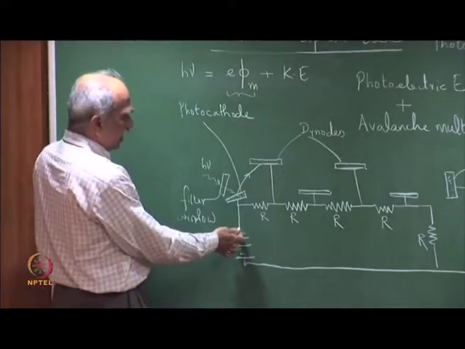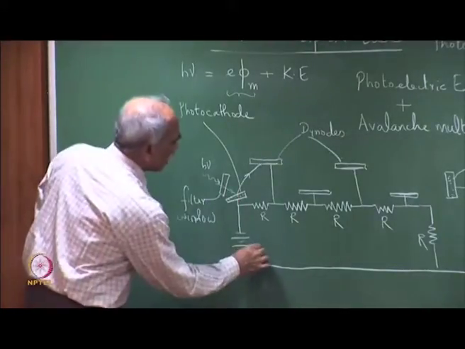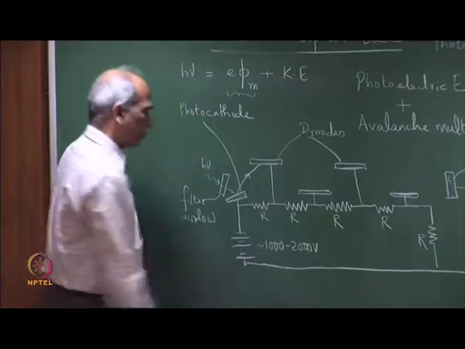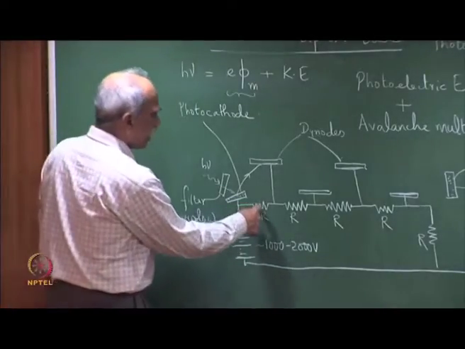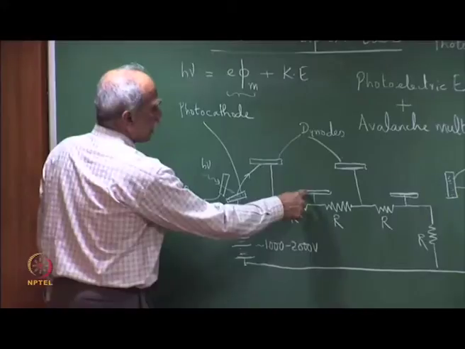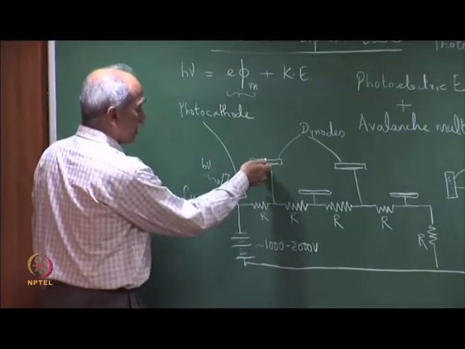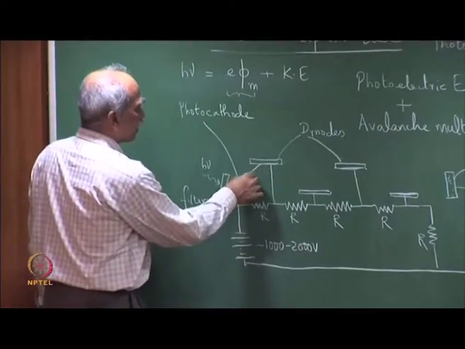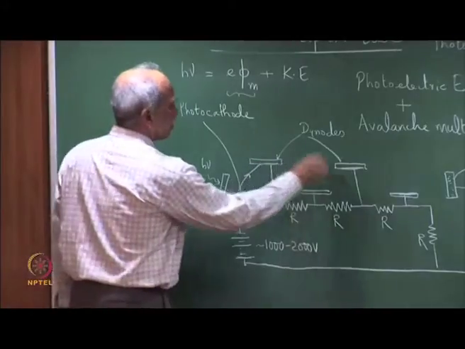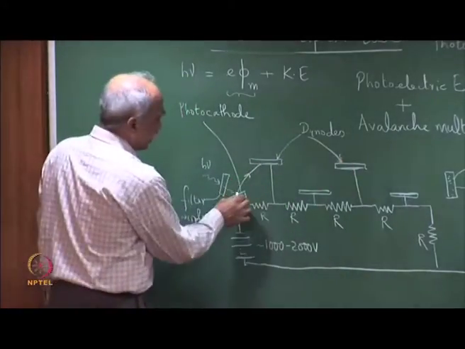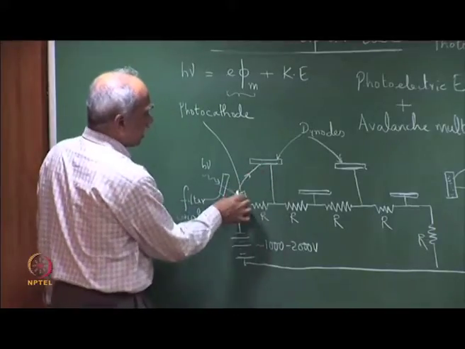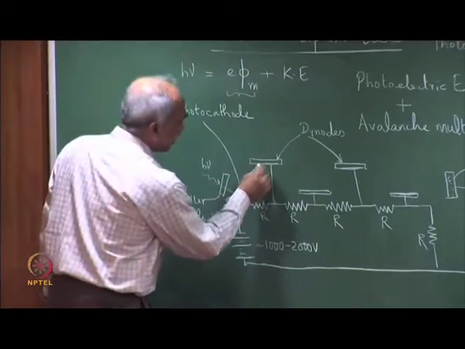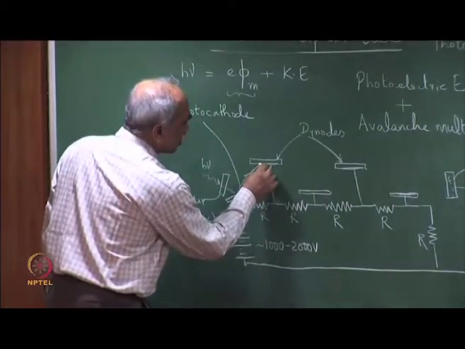Now, as we see here, this is at a high negative potential, typically 1000 to 2000 volts from a power supply, and the subsequent dynodes are at a higher or positive potential with respect to this, and therefore the electrons immediately get attracted towards the dynodes. The electron gains a large kinetic energy because of the accelerating potential between them, which leads to release of additional electrons.